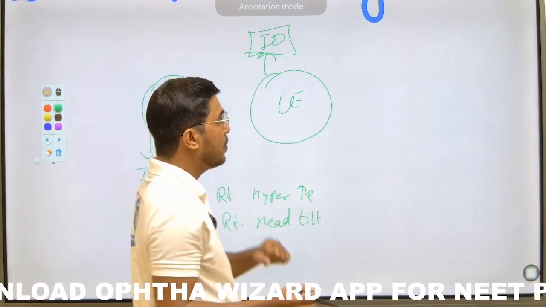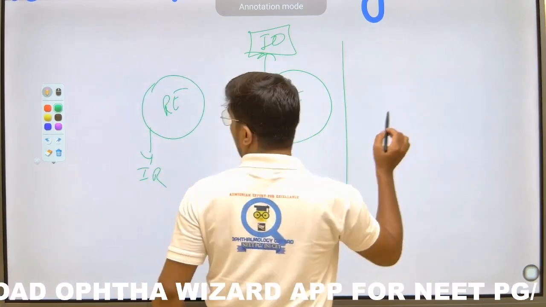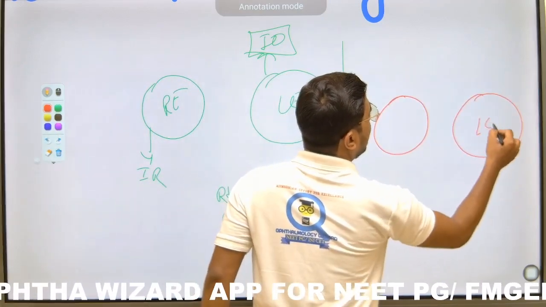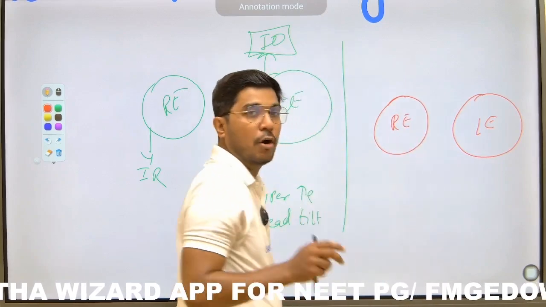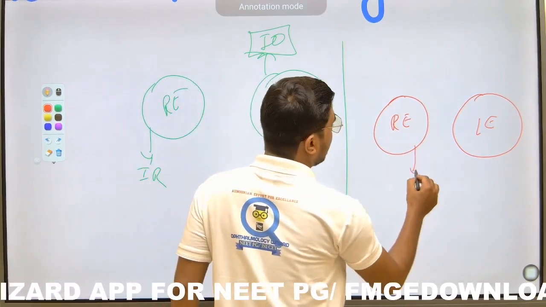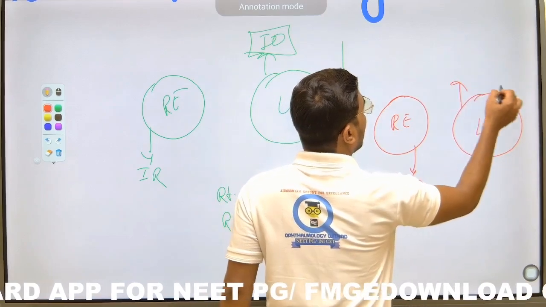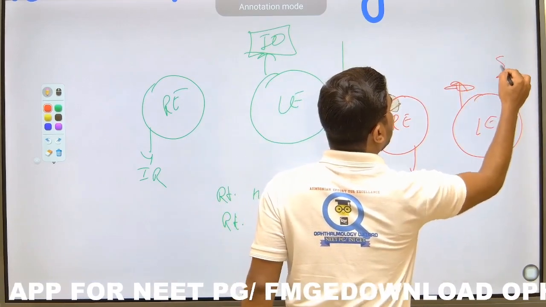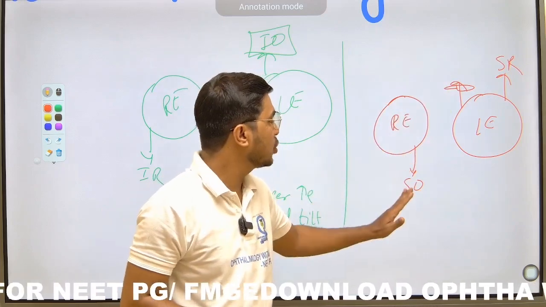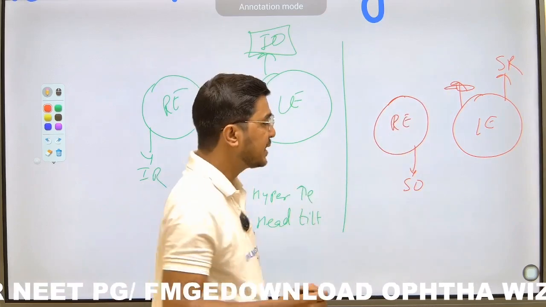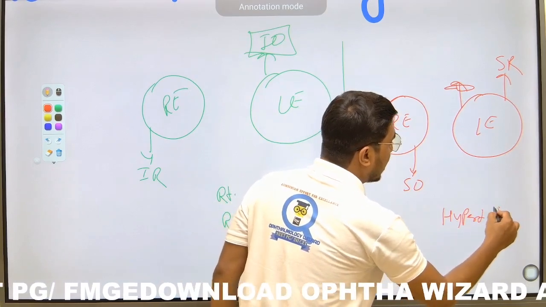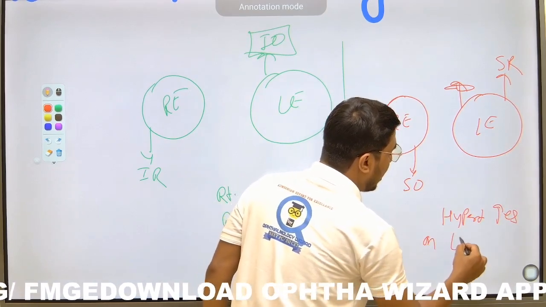One more example. Suppose after the two steps of Park's 3-step test you are left with superior oblique and superior rectus, and it is saying that the hypertropia increases on left head tilt.